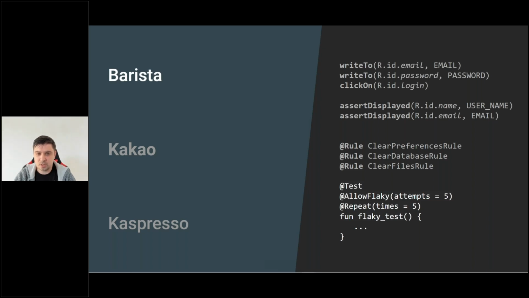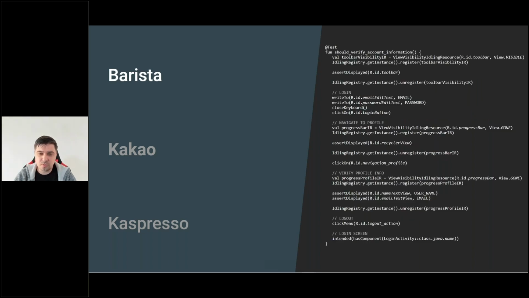Allow flaky allows us to have a situation when the test will fail, as an example, 4 times, and 1 time it will pass, and it means that the test is working. It just helps you to handle flakiness, but of course it's much better to investigate the reason for flakiness and try to improve it.